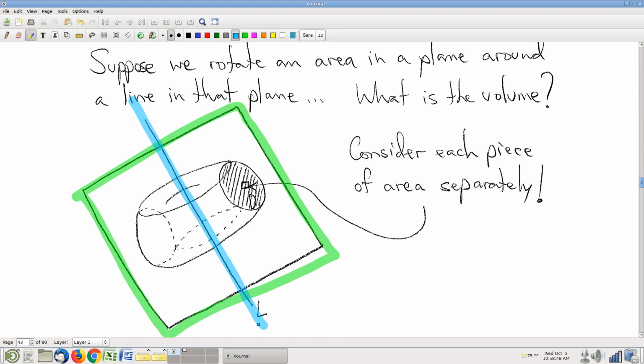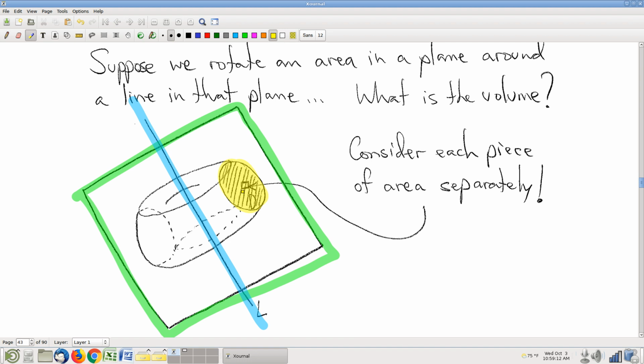It's got to be in the plane. And then let's suppose that you have an area that is both in the plane and completely on one side of the line. It can't straddle the line. Not allowed. Okay, so that's the scenario. The plane contains a line, and an area is on one side of the line in the plane.